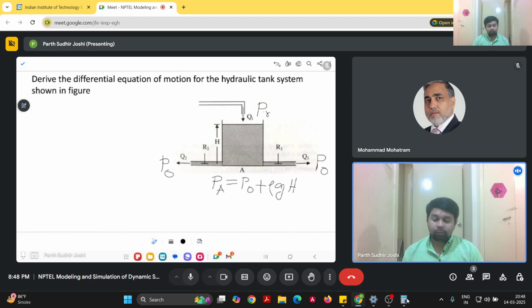So the hydraulic resistance equation, we can write it for the resistances R1 and R2.